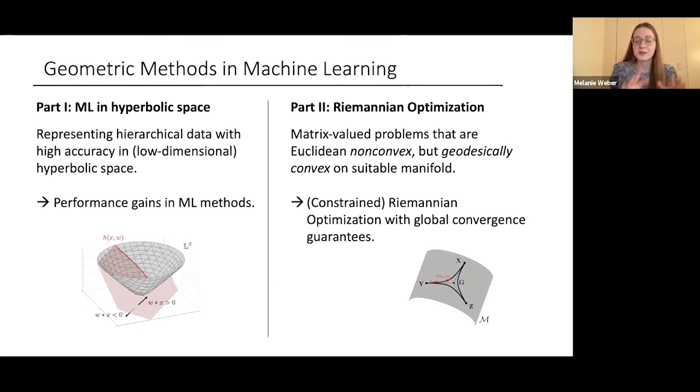And then I tried to motivate earlier, at least with pictures, this connection between hierarchical data, between trees and hyperbolic spaces, where in hyperbolic spaces you look at volume growth, and in these discrete structures like trees, volume growth basically corresponds to growth in neighborhoods.